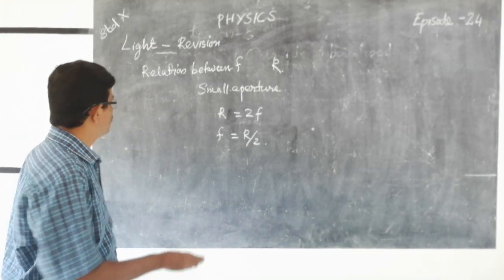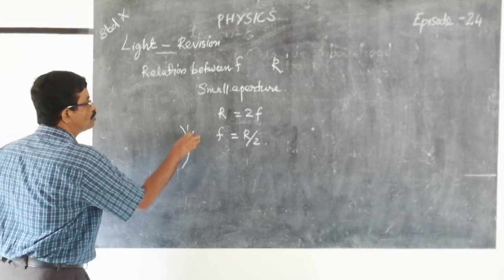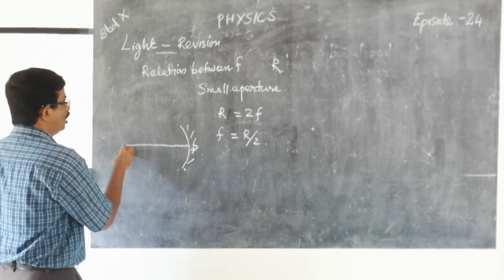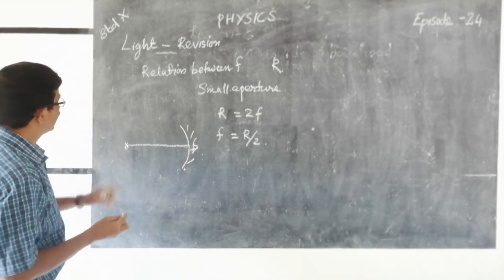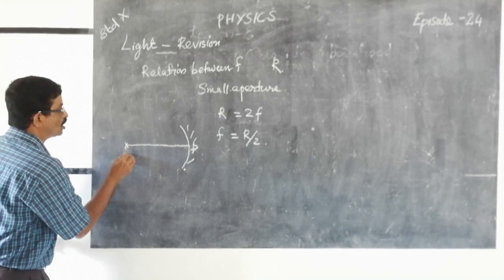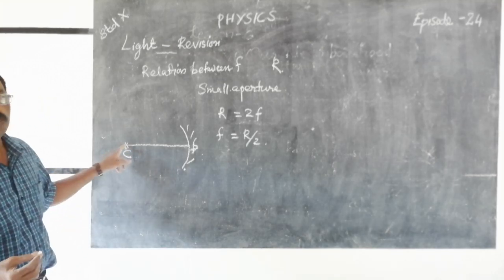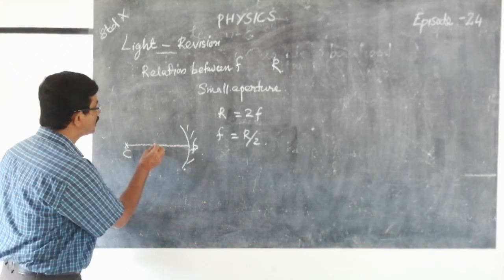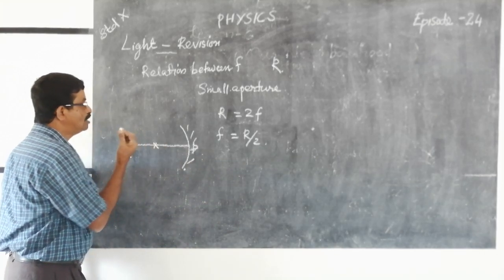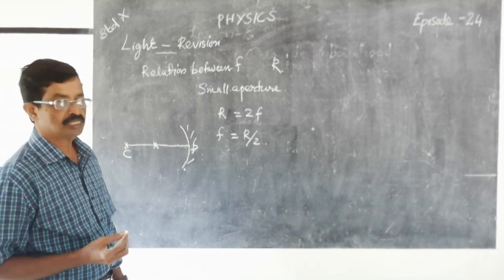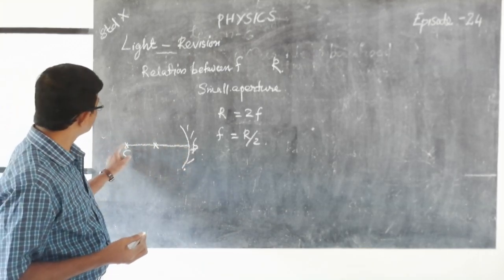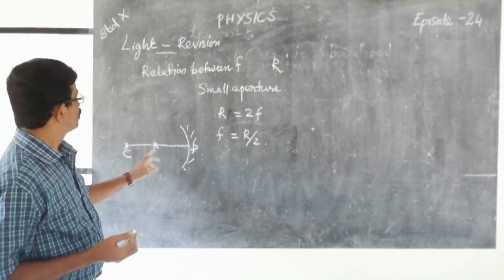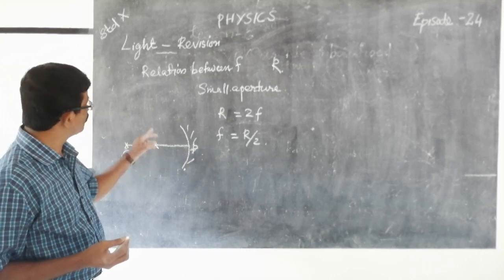That means in the case of a concave or convex mirror, this is the pole and this is the radius of curvature. So where will this focal length come? This focal length is in between, that means the midpoint of the center of curvature and the pole is the principal focus.